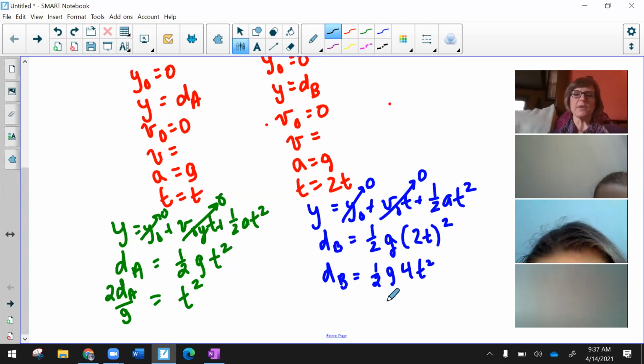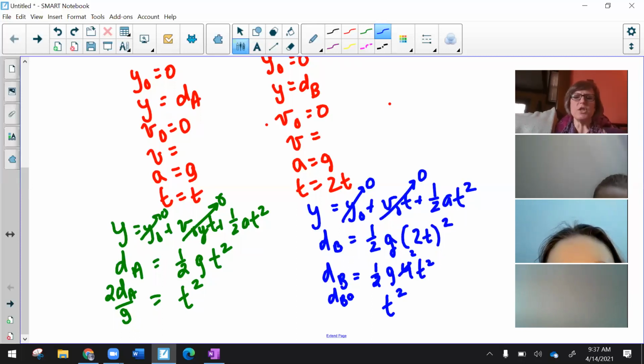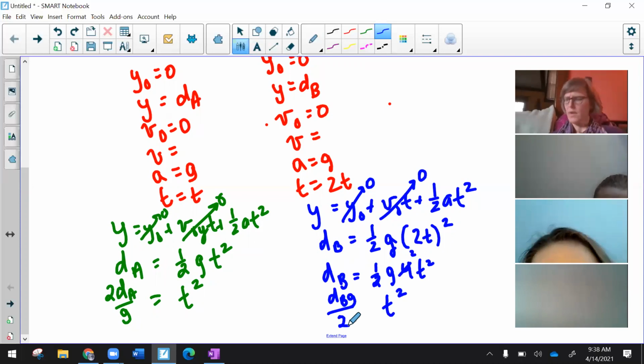So over here for object 2, t squared, that's going to cancel, is going to give me dB g over 2. Yeah, I think that's right.